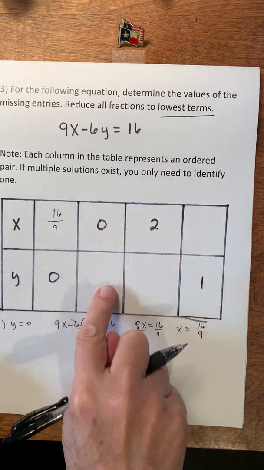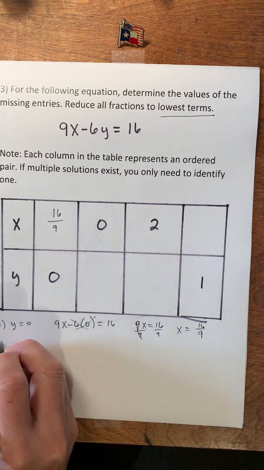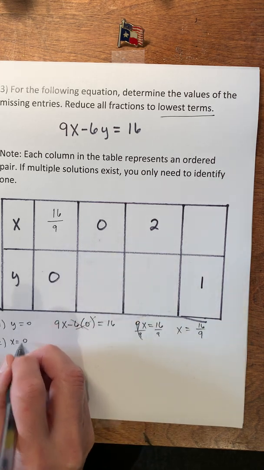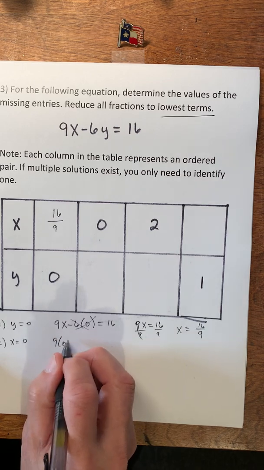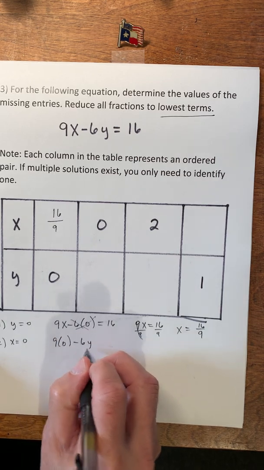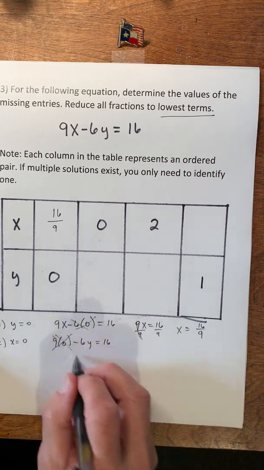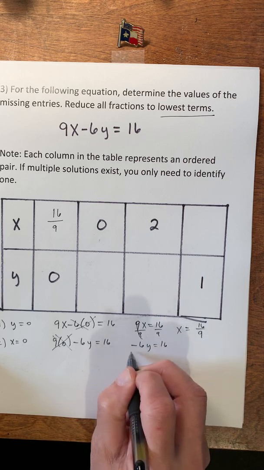All right, notice in the next guy, they gave me the x, and I got to find the y. So in ordered pair number 2, I'm told that x is 0. So in the place of x, I'm going to put 0. I know that 9 times 0 is just 0, so I get -6y is 16.